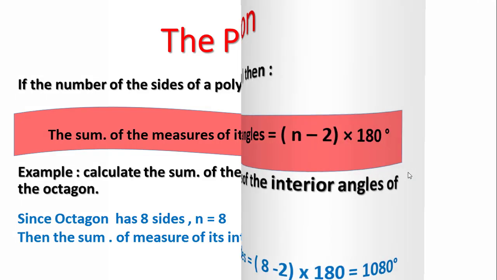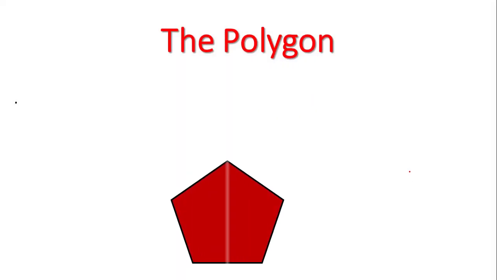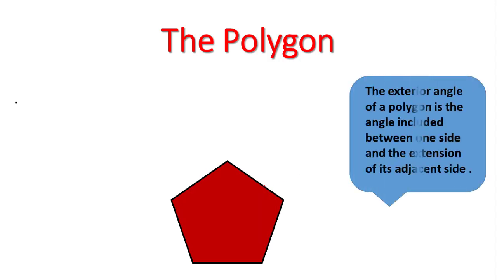Okay, let's continue. Here, for example, we have a polygon. We have a type of angles which is called exterior angle. The exterior angle of a polygon is the angle included between one side and the extension of the adjacent side.